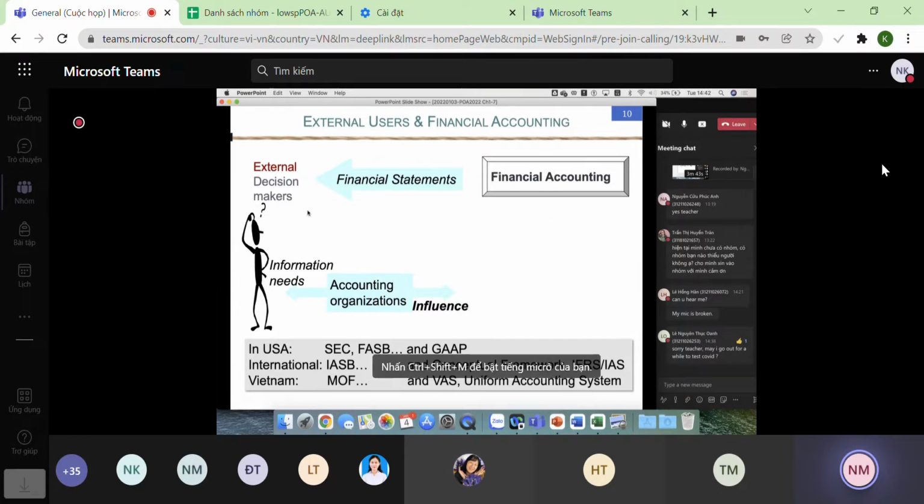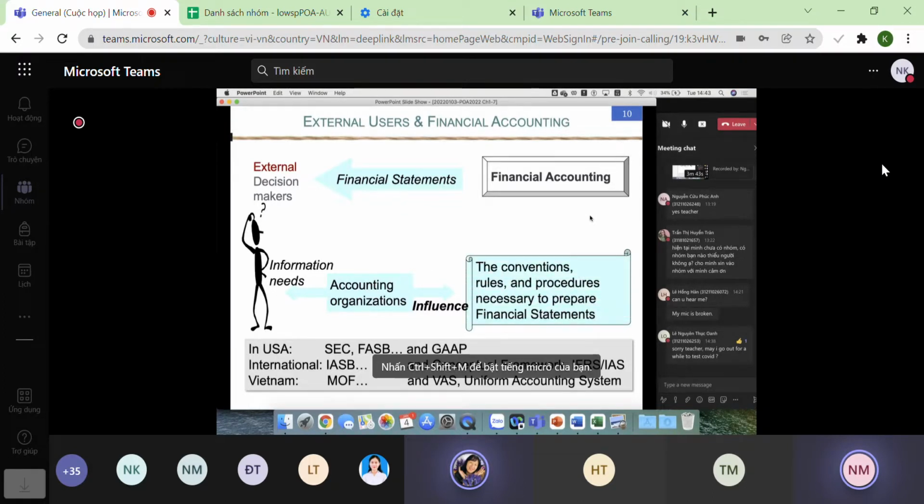So to meet the information needs of the external user, the financial accounting system should be in accordance with what the accounting organization has set up or established.